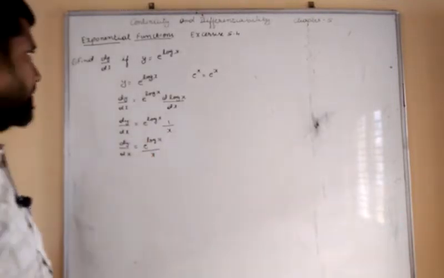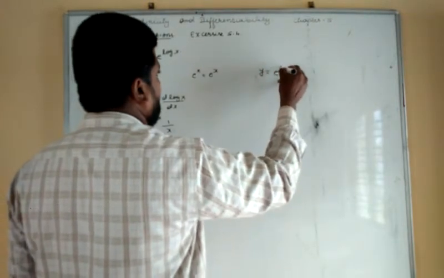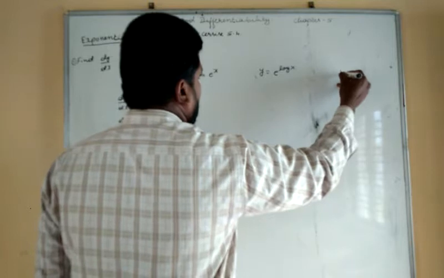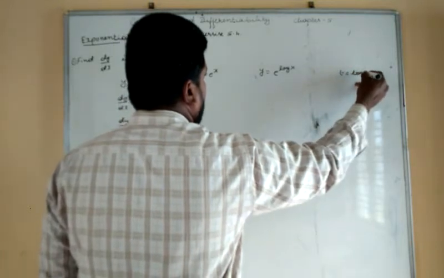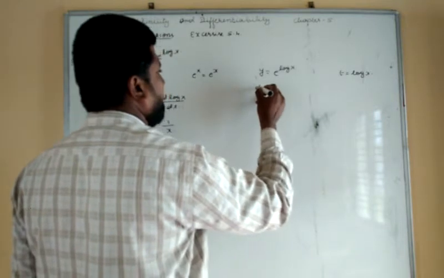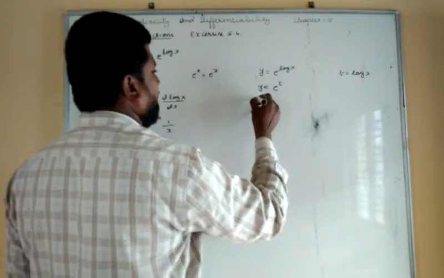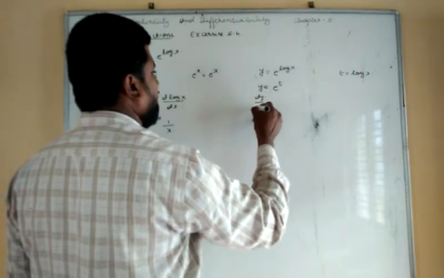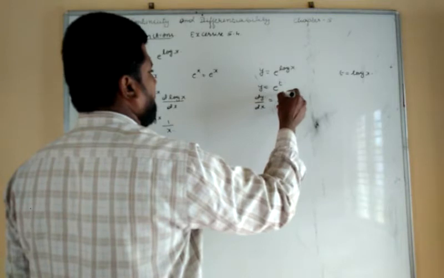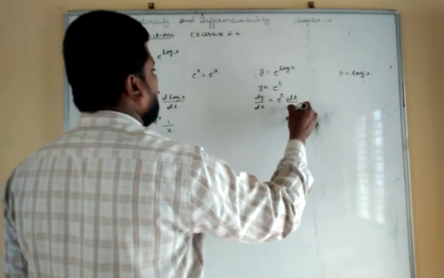We can also solve this problem by the substitution method. y is equal to e to the power of log x. So t is equal to log x. Substitute here: y is equal to e to the power of t. Differentiation of y with respect to x: e to the power of x is e to the power of x only, so here in the place of x there is t, times dt by dx.